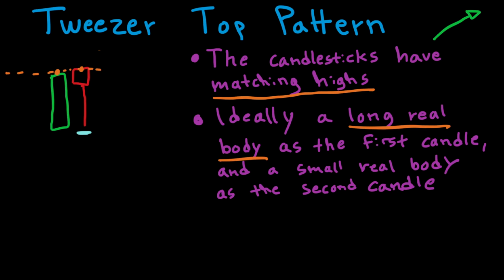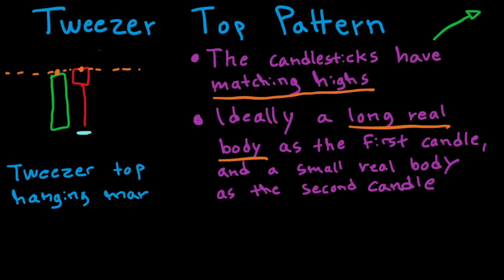So they have matching highs, which makes this a tweezer top. It also has a long real body as the first candle, which is ideal for the tweezer top, so that's good. But the name for this pattern is basically the tweezer top hanging man.